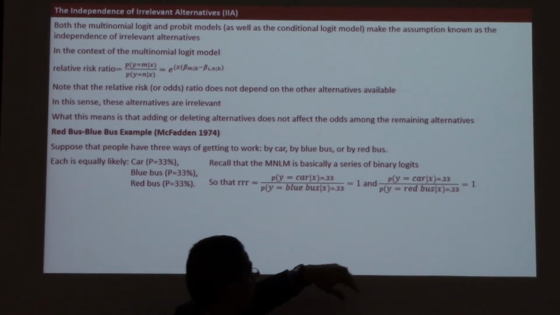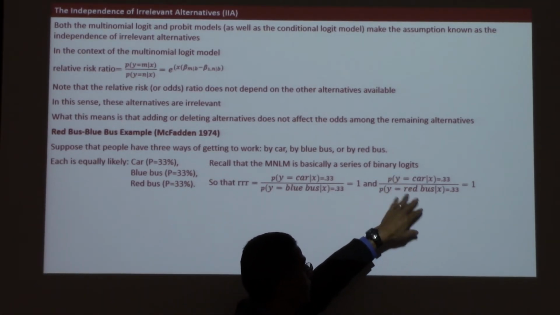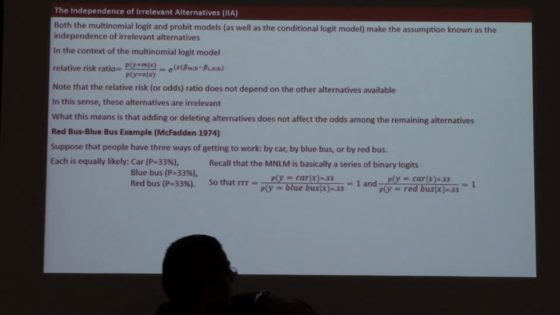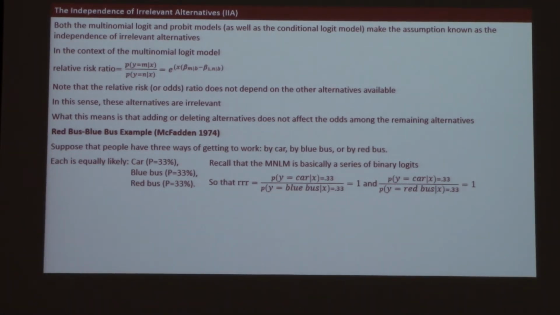For car and red bus, they're both 0.33, so again, we're equally likely to take car versus red bus. Now, let's assume we paint all the red buses blue, so that now we only have two choices: a car and a blue bus.